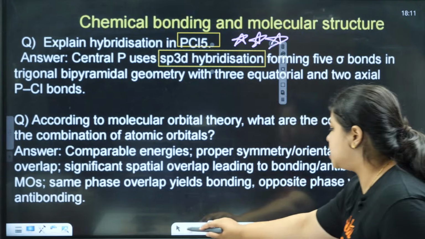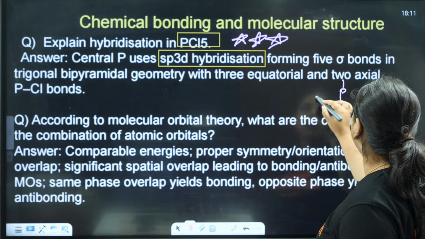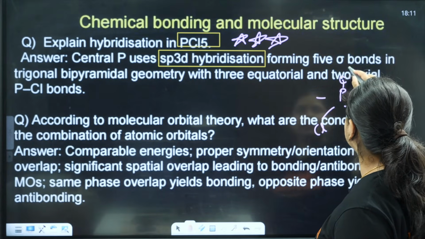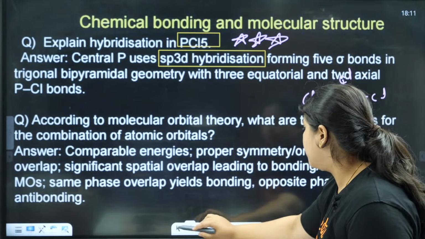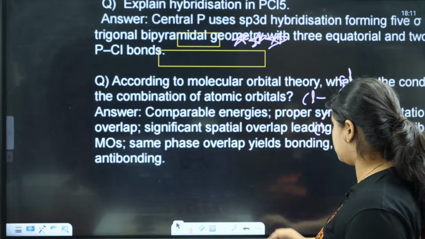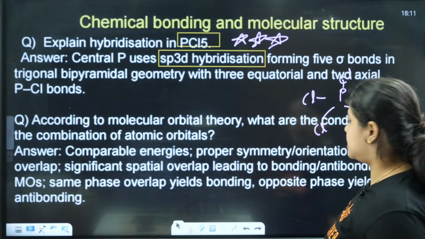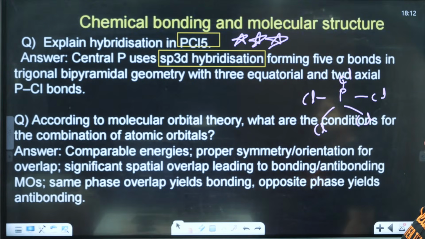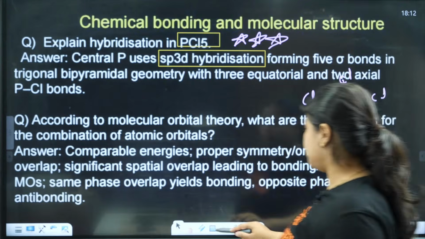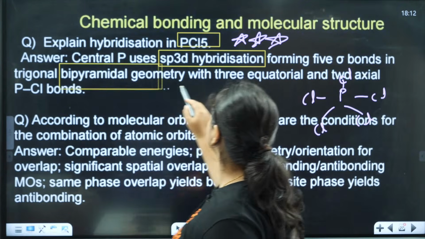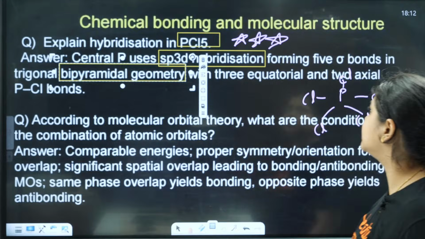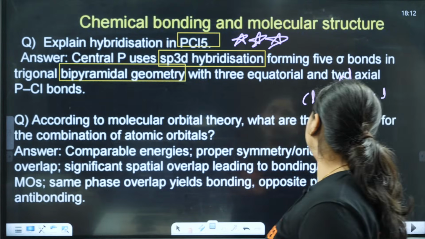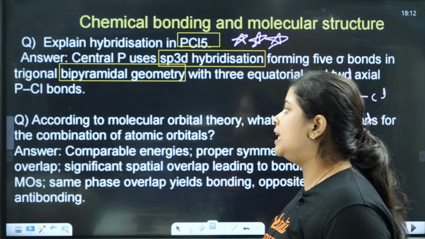The P which is at the center, this P with 1, 2, 3, 4, 5 Cl. Concentrate here. This is the structure. So this is a trigonal bipyramidal geometry with 3 equatorial and 2 axial P-Cl bonds.